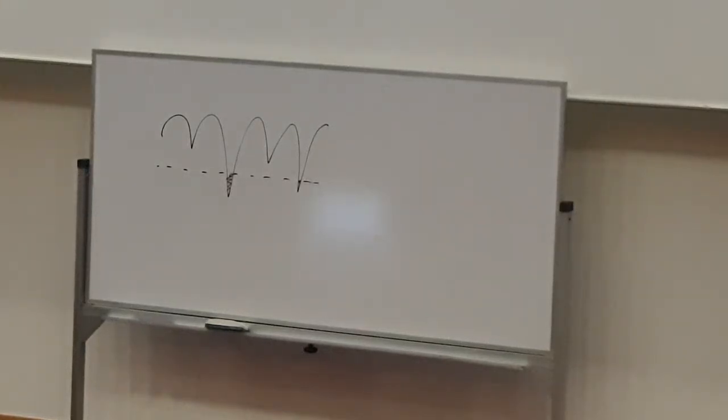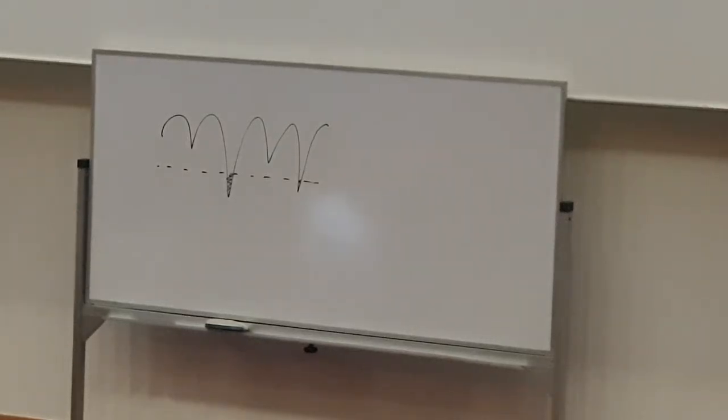Because that is the minimum level of signal quality that you need to be able to communicate effectively. So the question is asking, what is the probability that the signal is in a fade?